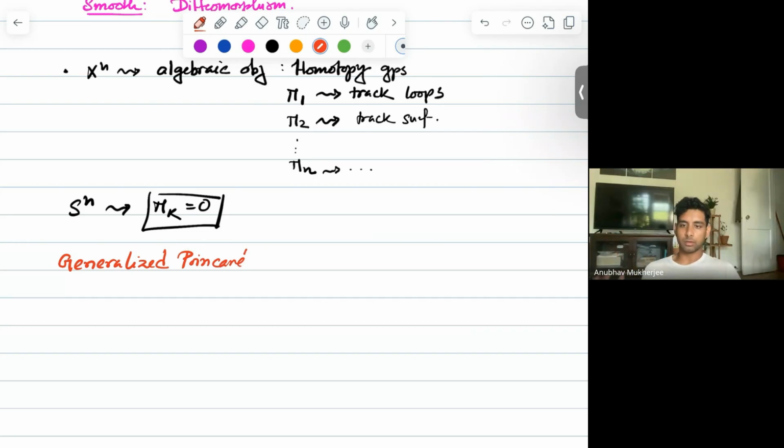Yes, anything bigger than that is intuitively zero, because there is no space, so it is vacuously true. Oh yes, sorry, pi n, yes. So, the generalized Poincare conjecture.